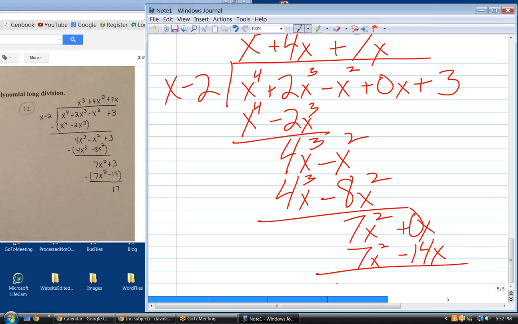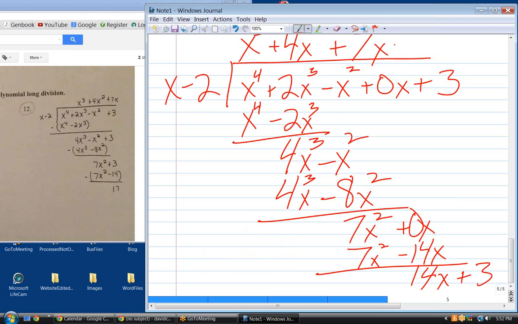And then you subtract. What's 0 minus negative 14? Positive 14x. Bring down the 3. And now repeat.